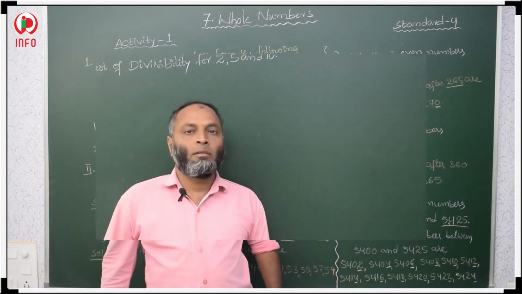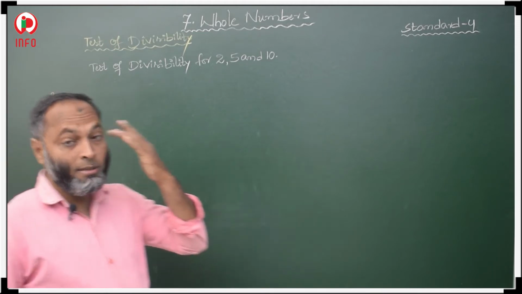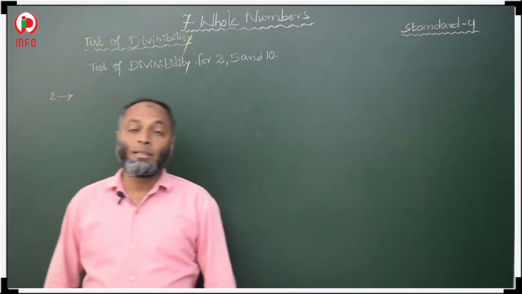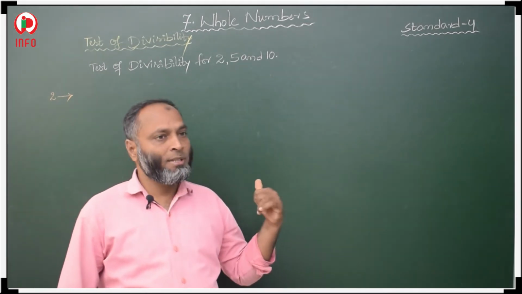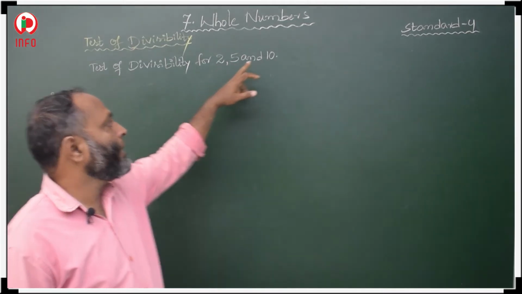Yes students, now see how to check the divisibility test, in the properties of whole numbers. In this first we are going to discuss the divisibility tests for 2, 5 and 10.